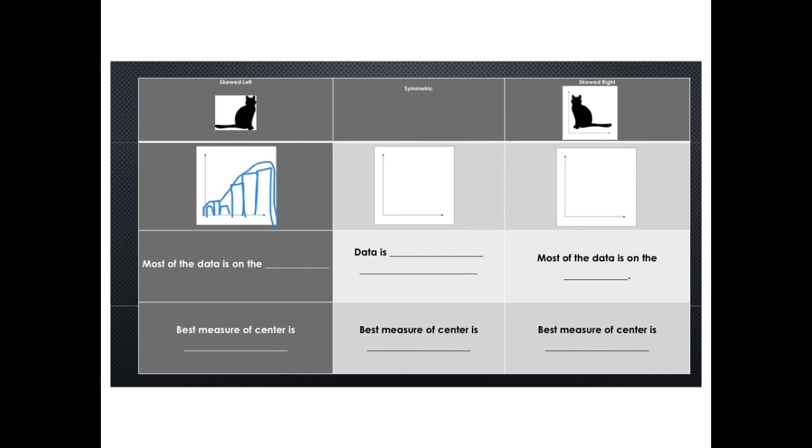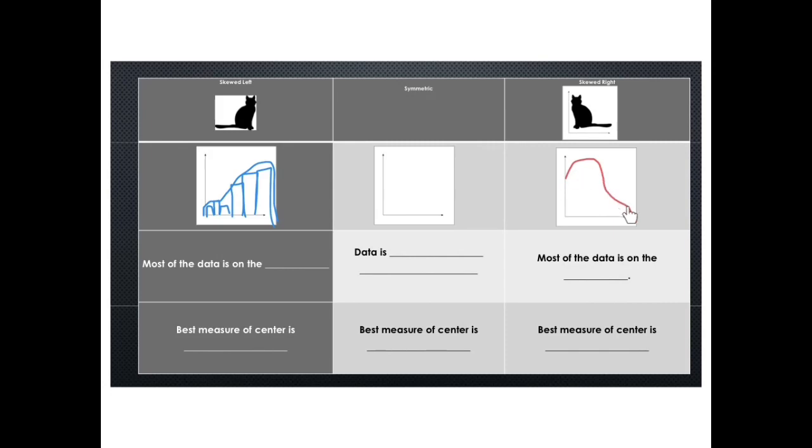Looking over on the other side, for our other cat, where it's right skewed, again we see the tail is on the right side, which means most of the cat is on the left side. So again, if we turn this into a histogram or a curve, we would see something more like that, where a bulk of the curve is going to be on the left side, and the smaller portion is on the right side.